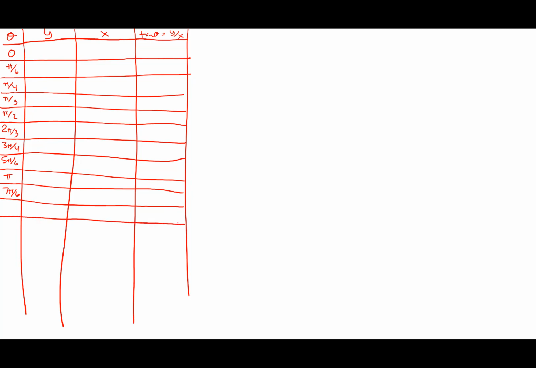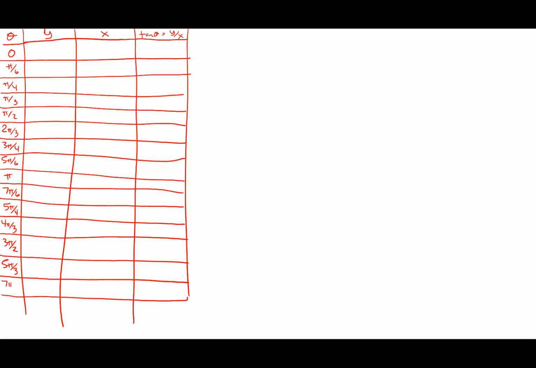I'm just looking at the back of the textbook, getting the unit circles off of this here. 5 pi over 4, 4 pi over 3, 3 pi over 2, almost done, almost done. 5 pi over 3, 7 pi over 4, 11 pi over 6, and voila.